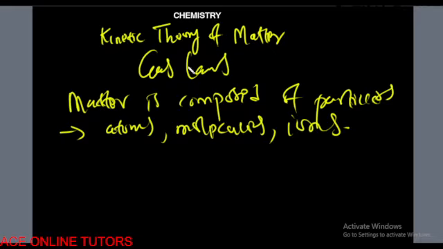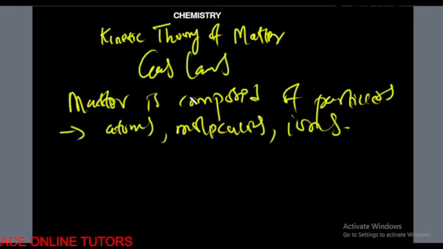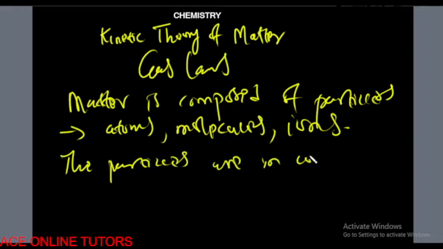Now, what the kinetic theory of matter is trying to tell us is very similar to the kinetic molecular theory that we did in physics. It is also telling us that all these particles are in continuous motion.